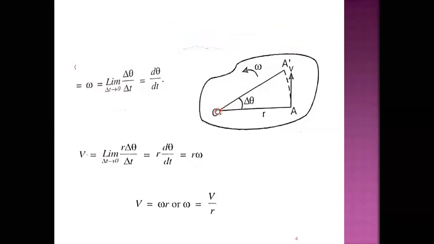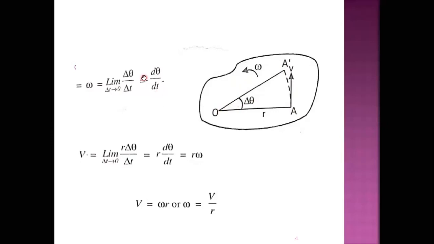For that, take one example. Consider a body with OA having a radius r. This OA takes an angular displacement through an angle theta, and when it displaces through angle theta, OA moves to OA dash.